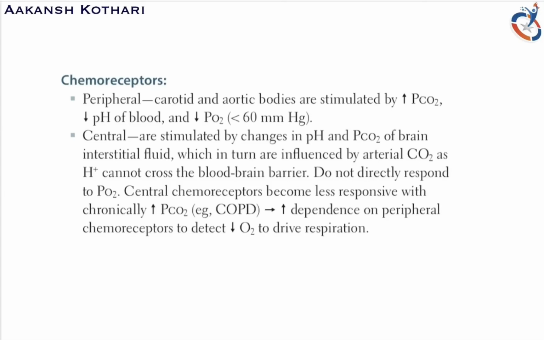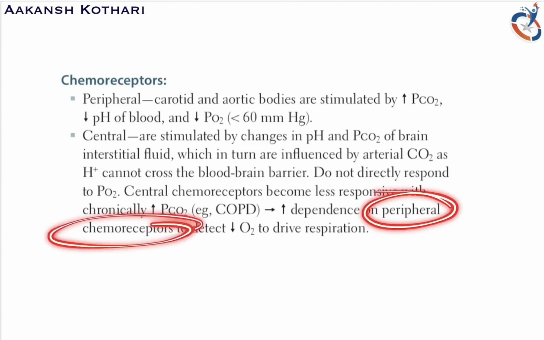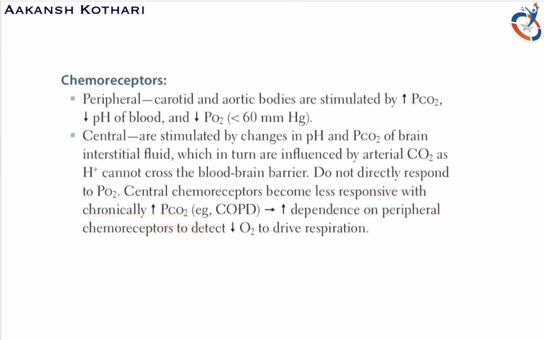Central chemoreceptors become less responsive with increase in the PCO2 chronically. When there is a chronic increase in the PCO2, that is in conditions of COPD, the chemoreceptors become less responsive, and hence there is an increased dependence on the peripheral chemoreceptors to detect the decrease in the oxygen content.